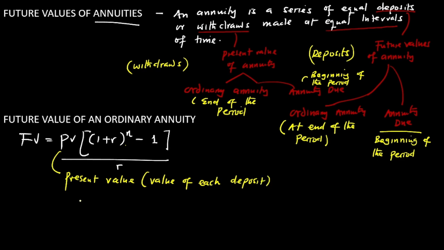Then the R there basically represents the interest rate per period.